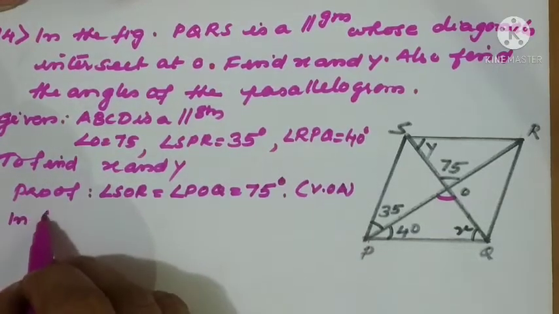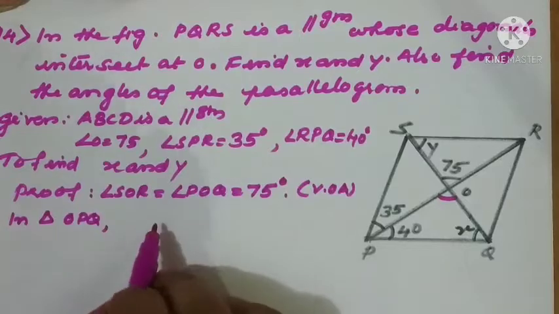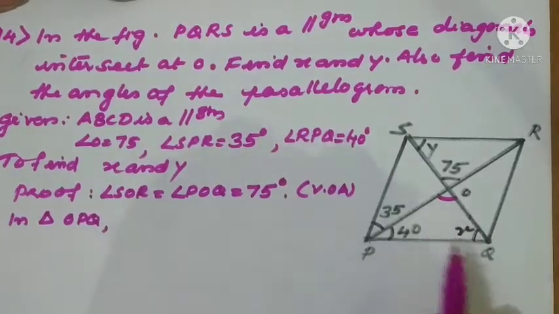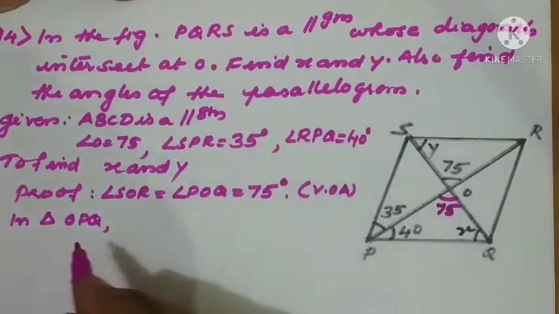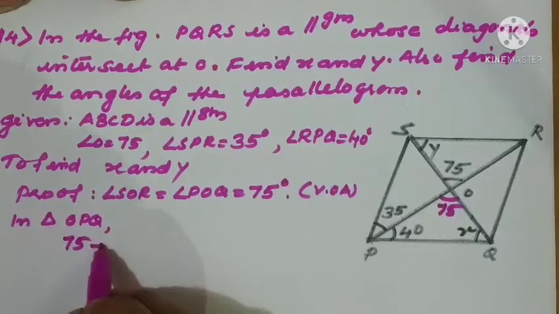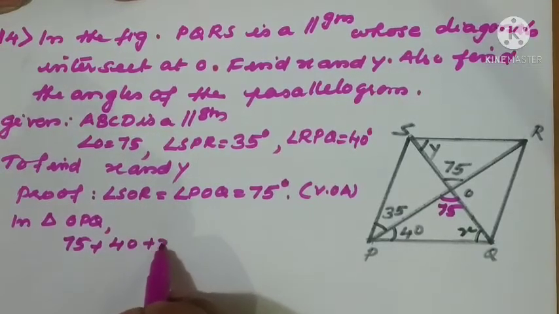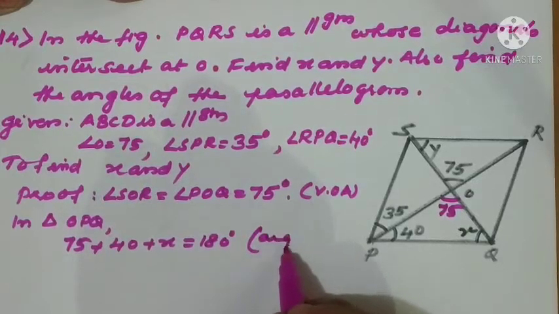Now in triangle OPQ, the sum of all the angles is equal to 180 degrees. So in triangle OPQ, 75 plus 40 plus X equals 180 degree. Reason: angle sum property.